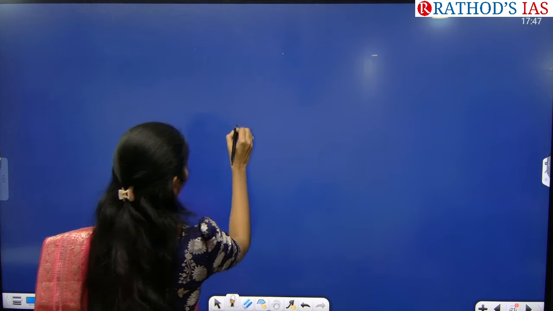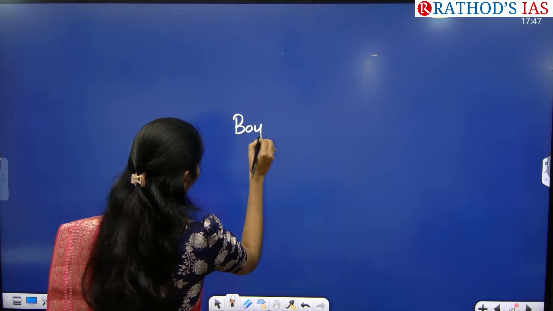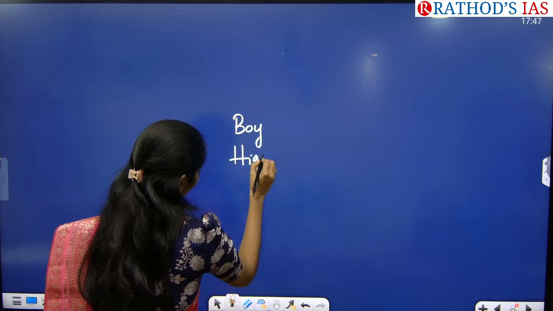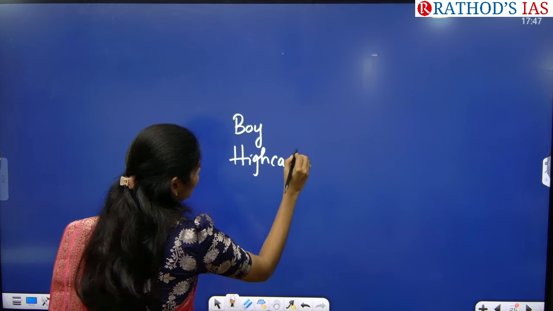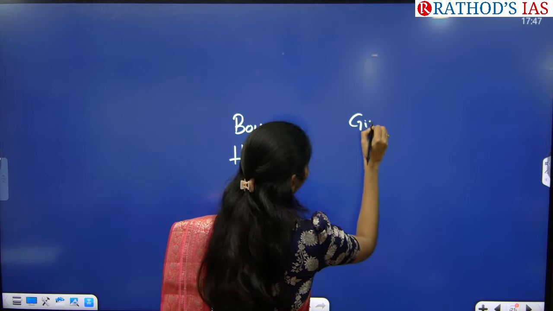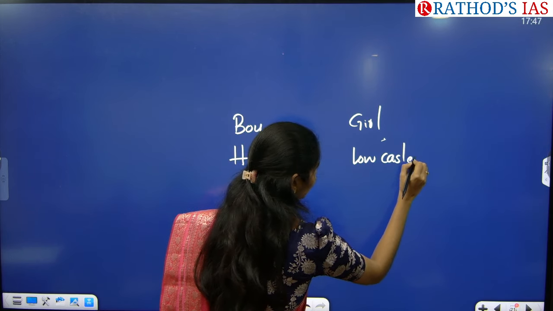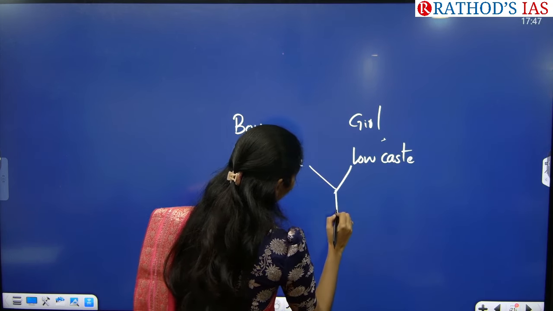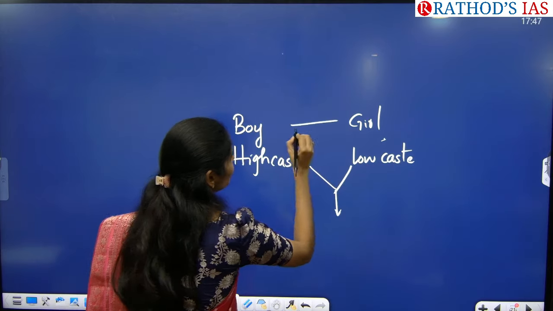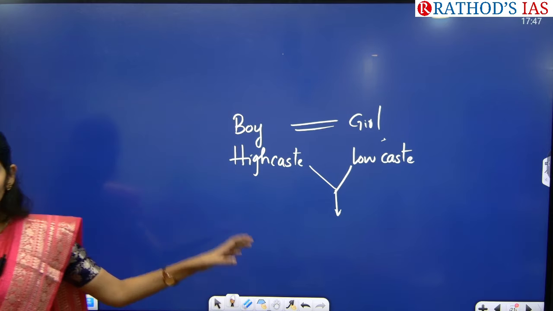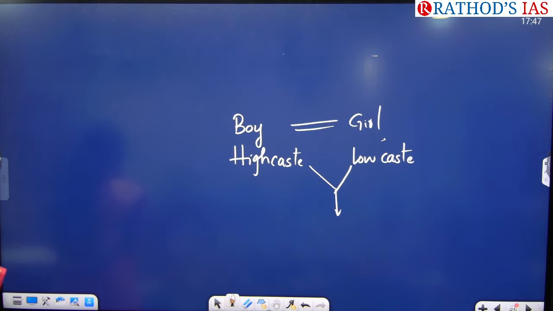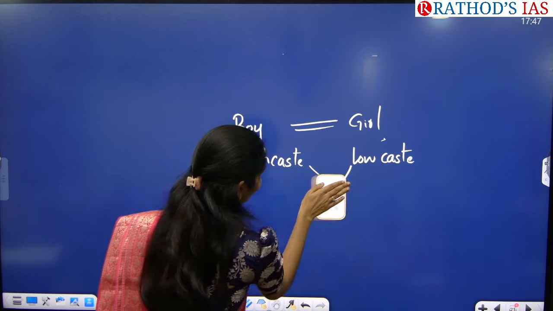For example, if a boy is from high caste and girl is from low caste and they went for marriage. So when they went for marriage, which kind of marriage we call it as? Intercaste. Hypogamy, not hypogamy, it is hypergamy.